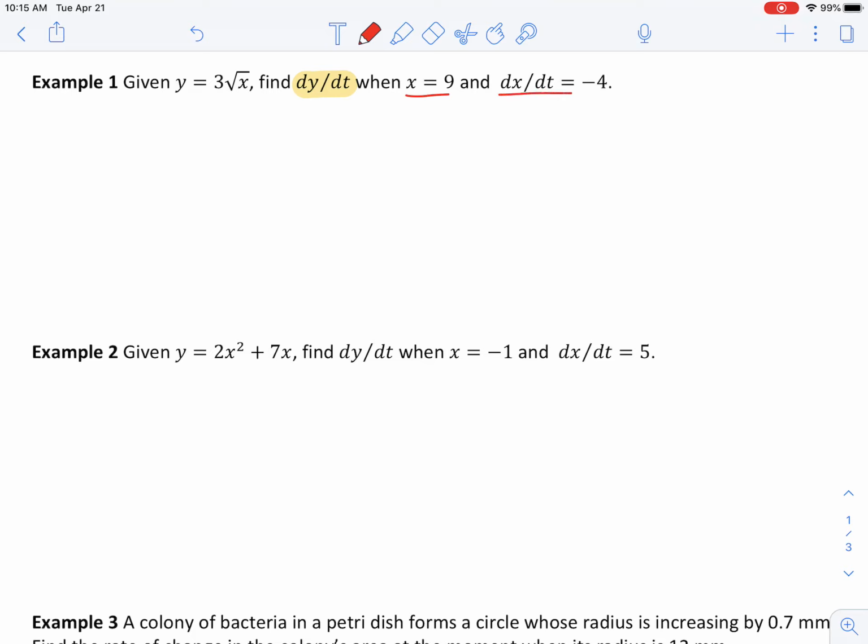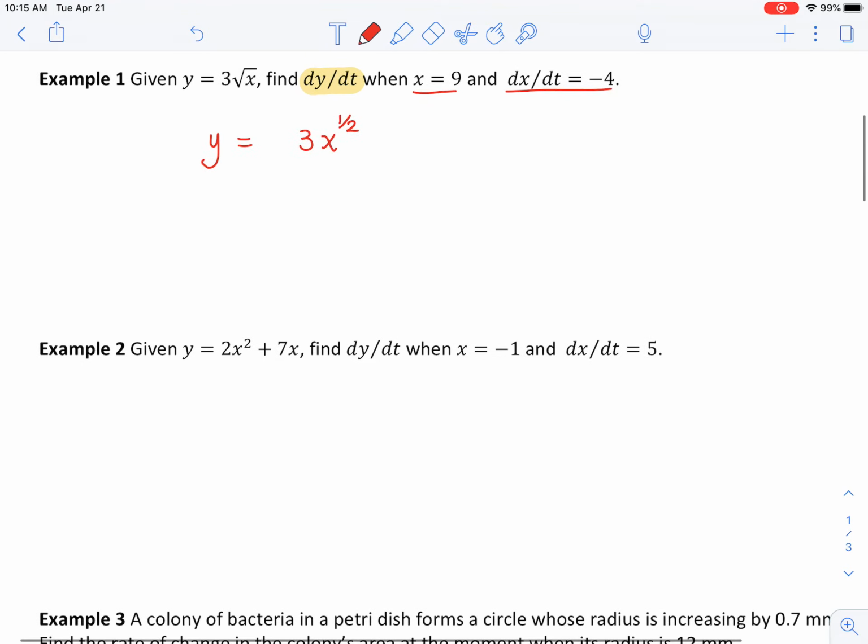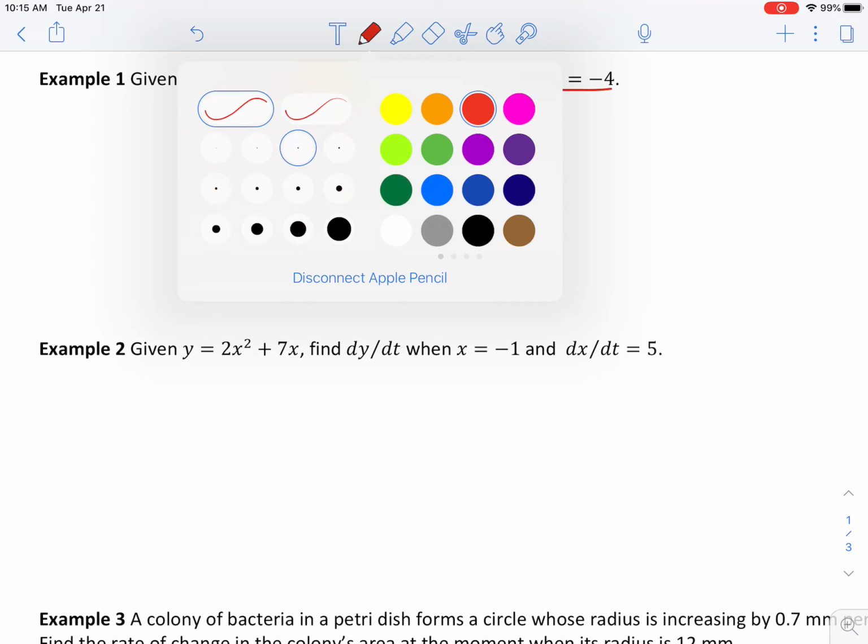Given y equals 3 square root of x, we want to find dy/dt, and they're giving you x is 9 and dx/dt is -4. This is a related rates problem because we have 2 rates here. We're trying to find dy/dt, but we also have dx/dt. Take a look at this equation. I have y equals 3 square root of x.